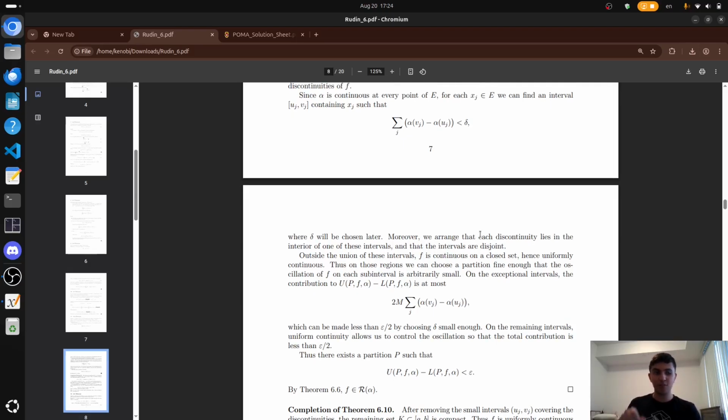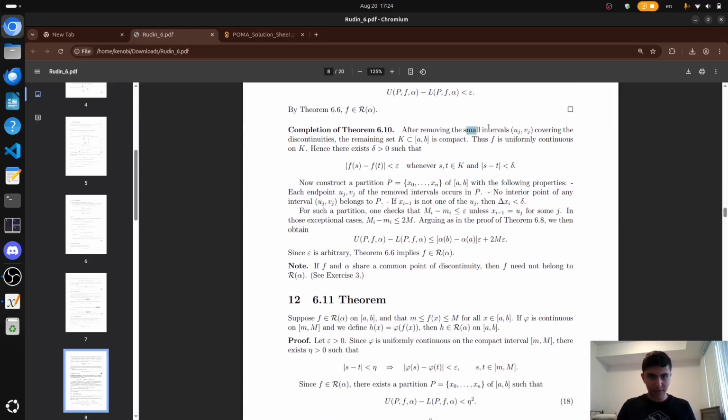And by removing the segments containing them, we get a compact set. And we know since it's compact, it's going to be uniformly continuous on K. And then we use the definition of continuity on all the other points which are not discontinuous, right? Because we know that all those other points won't be discontinuous. Let's read the proof now.